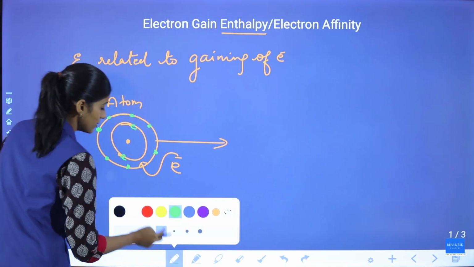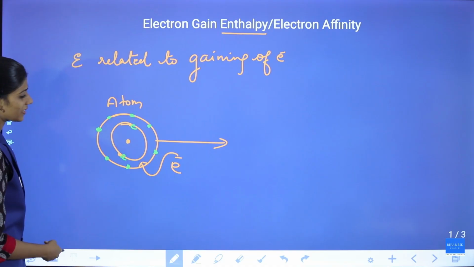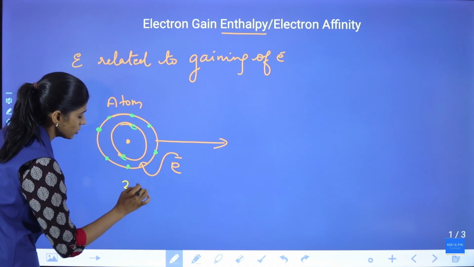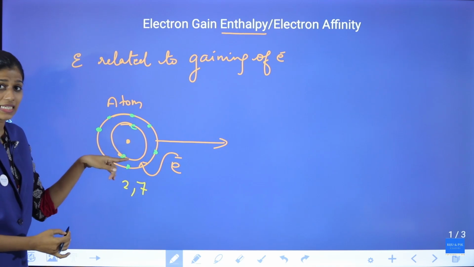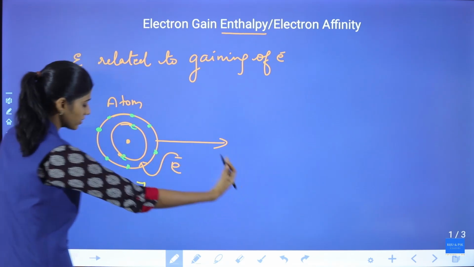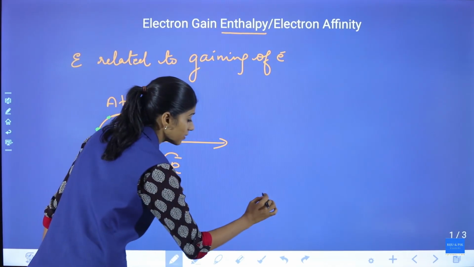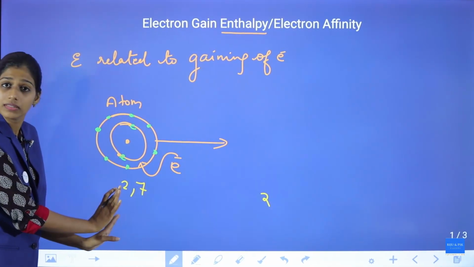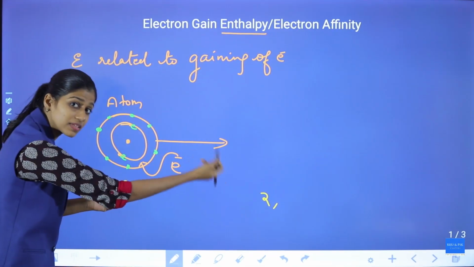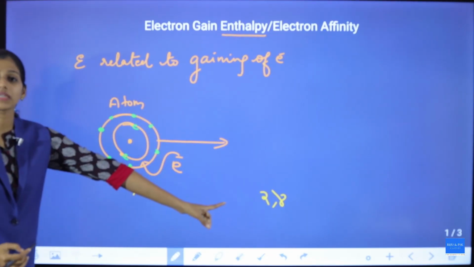Now we are adding one more electron to this valence shell. So the configuration is 2, 7, because 2 is the electrons in the first shell and 7 in the second shell. Once you add the electron, the first shell is not disturbed, you have 2 electrons. In the second shell, after adding one more electron, it becomes 8. So this is the configuration.